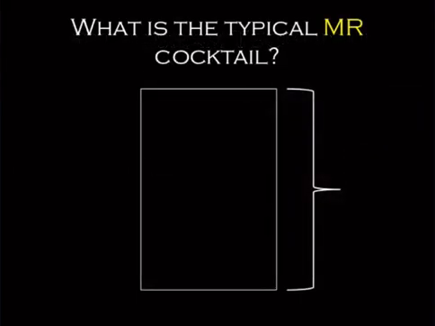Now, what is the typical cocktail for MRI? So you can basically do 3 different injections into the shoulder, right? You can inject for an MRI, you can inject for a CT, or you can just inject for steroids for pain medicine. So when you're doing MRI, it's not pre-mixed, or at least not where I trained.